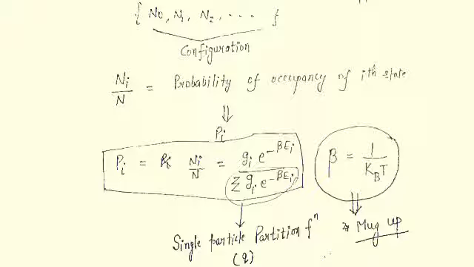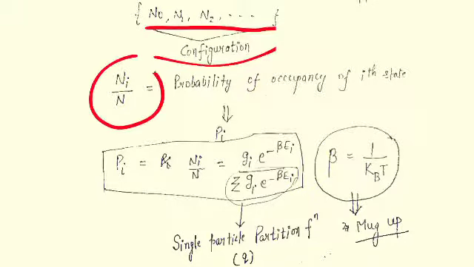So n0, n1, n2, n3, these are basically referring to the configuration. And ni upon N, which I had told you in the earlier formula, is basically the probability of finding the particle in the ith state.